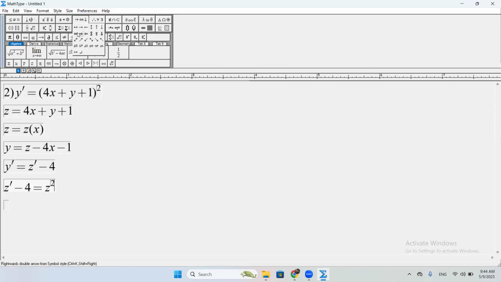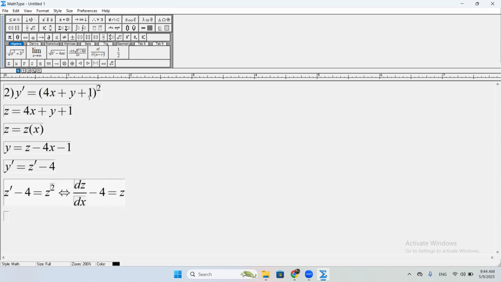So let's start separating them. So dz by dx minus 4 equals z squared. So moving 4 into the right part, dz by dx equals z squared plus 4.